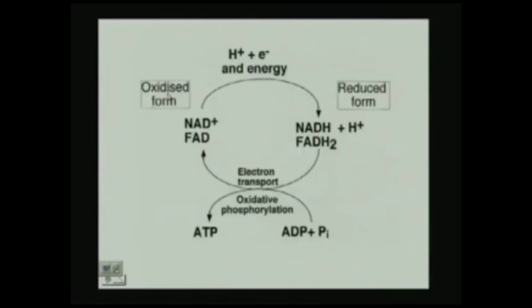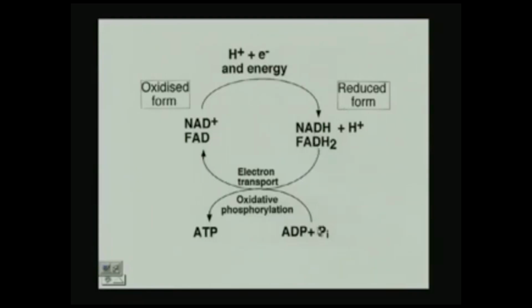So basically what we have is this process that is called oxidative phosphorylation. In the whole set of electron transport systems, we have the oxidized forms, NAD plus and FAD, going to NADH and FADH2, the reduced forms.